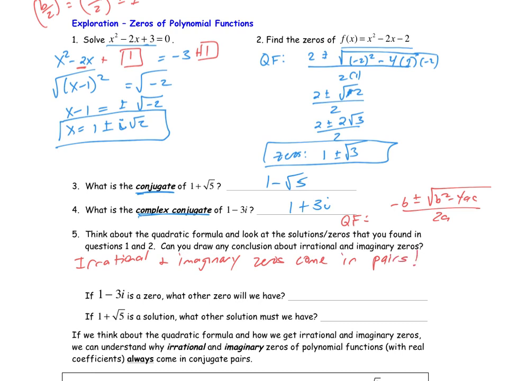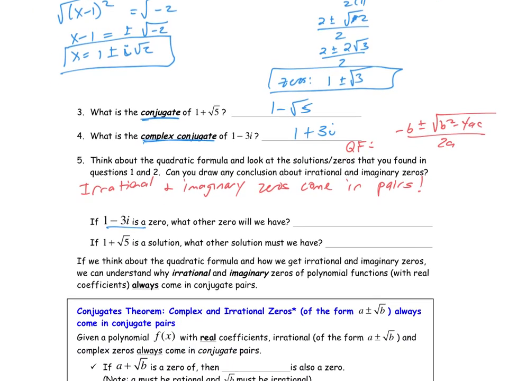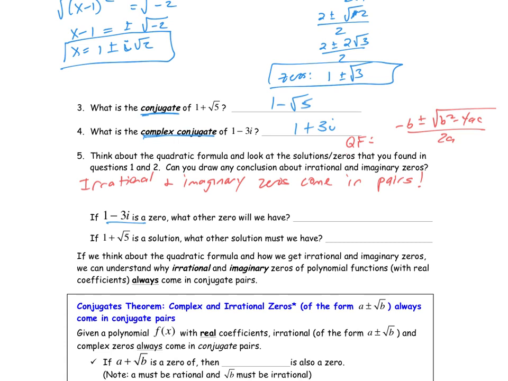If we're given one imaginary zero, for example, if we're told that 1 minus 3i is a zero, we know that the complex conjugate 1 plus 3i will also be a zero. And if we're given an irrational zero, like 1 plus rad 5, or a solution, that's the same meaning, then another solution would be 1 minus rad 5.